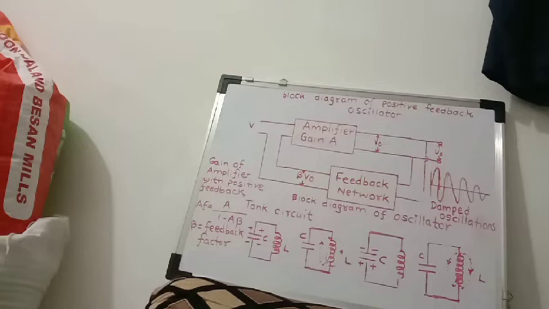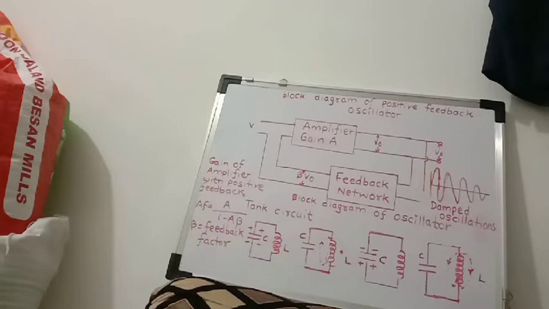Now what are the requirements of an oscillator? To produce sustained oscillations, what are the requirements? First, there should be an amplifier with gain A. Second, a positive feedback network.